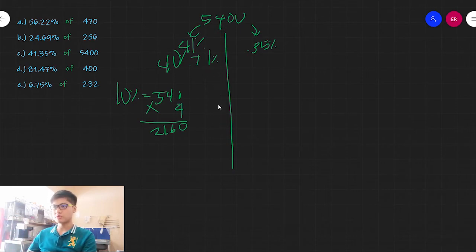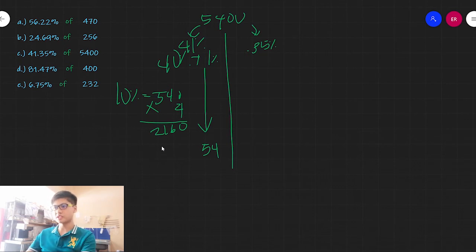Now, how about 1%? The 1% of that is just going to be 54 and not actually 5.4, because a while ago, the numbers we had were only in the hundreds place, below 1,000, while this one is above 1,000. So there is an increase in the number of digits that we will have in the 10%.